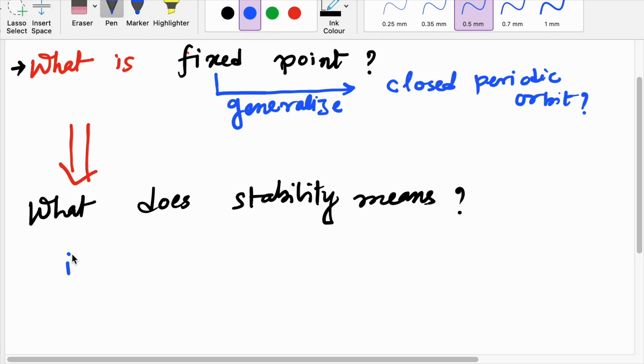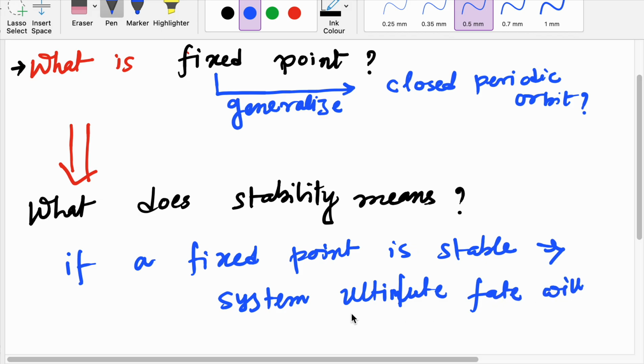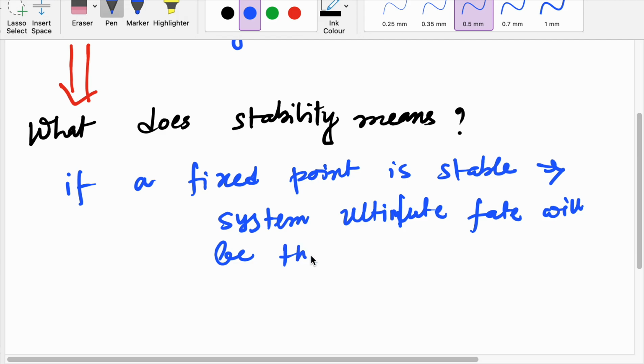If a fixed point is stable, then we can safely say that the system's ultimate fate will be the state corresponding to the fixed point.